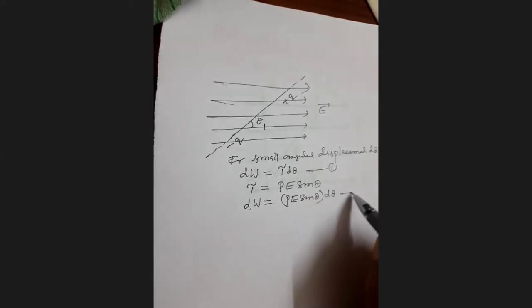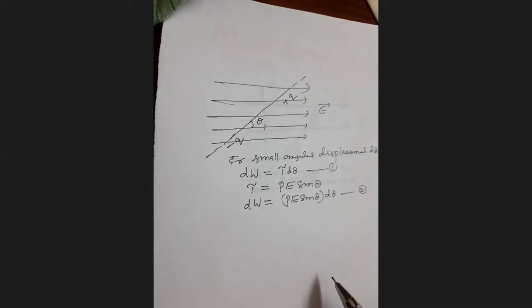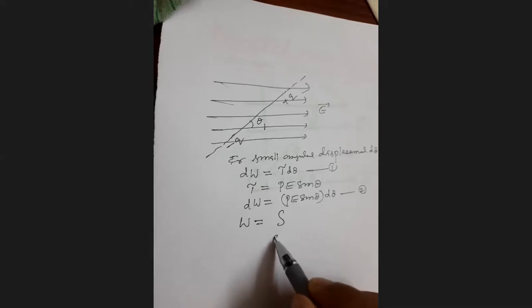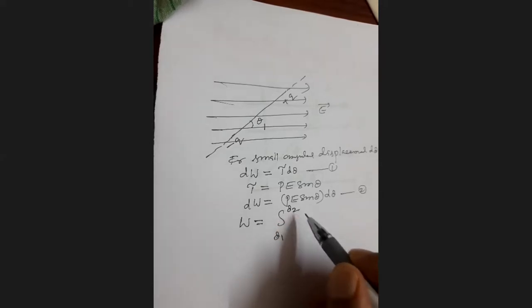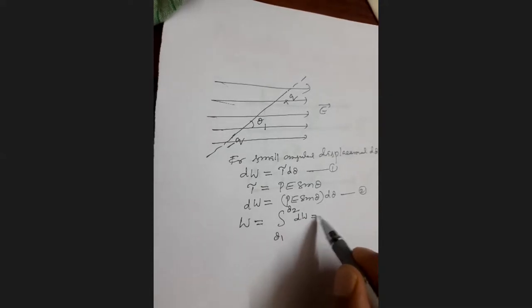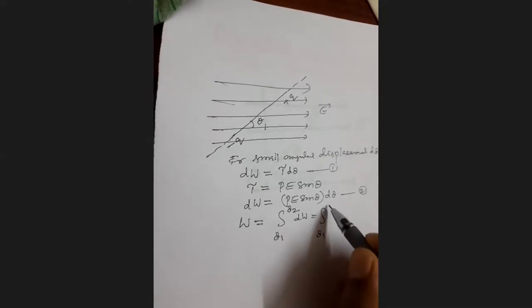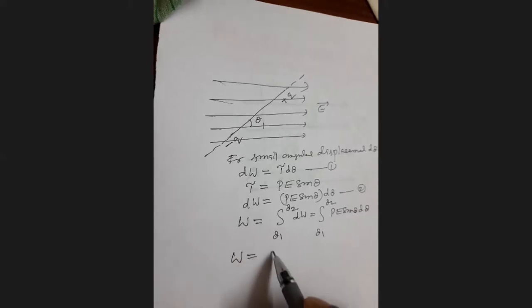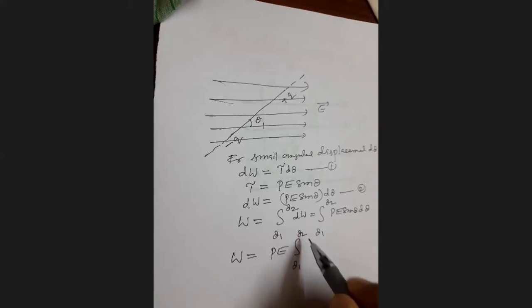Okay, say equation 2. Now the total work done in rotating the dipole from the position theta 1 to theta 2 is given by the integral from theta 1 to theta 2 of dW. Okay, this is equal to the integral from theta 1 to theta 2 of PE sine theta d theta. Okay, W equals, writing PE outside, the integral from theta 1 to theta 2 of sine theta d theta.